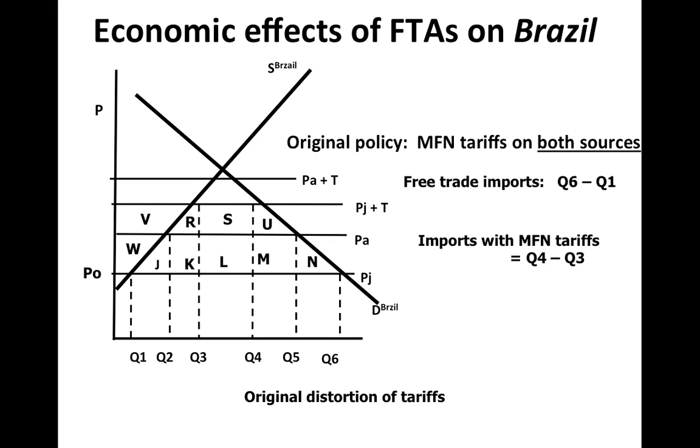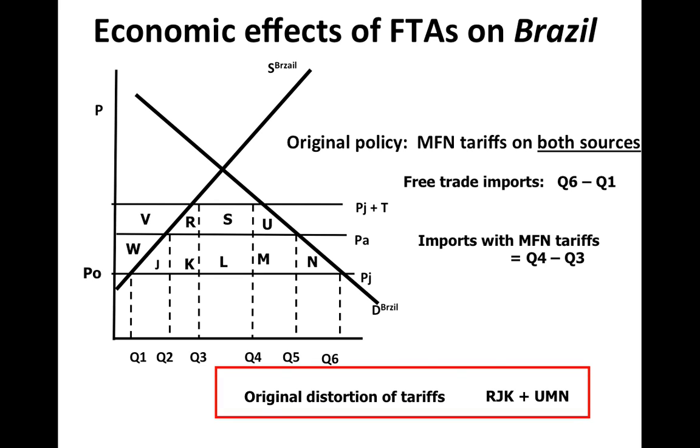Japanese importers would have to pay the tariff, and the amount that would be imported would be Q4 minus Q3. That's the demand at the tariff distorted price minus the supply in Brazil at the tariff distorted price. So the initial circumstance, and we're not even going to bother to include the tariff distorted Argentinian price because it's irrelevant. They're priced out of the market.